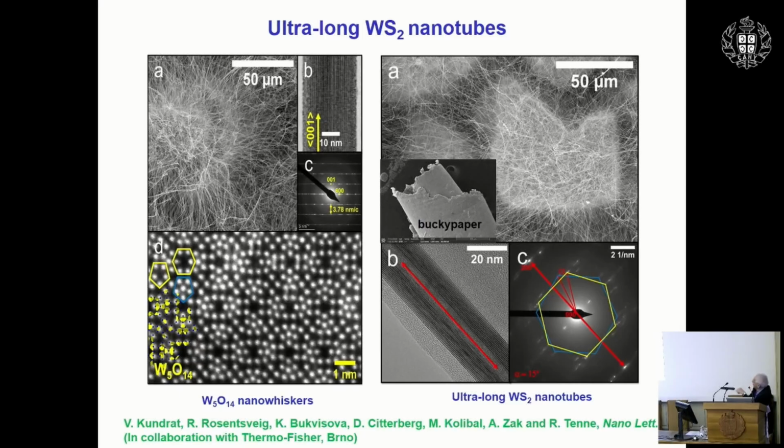So this is the first example that we show of very long and pure phases, almost pure phases of long tungsten disulfide nanotubes. And they are always multiwall because the energy of curvature is about 10 times larger than that of carbon nanotubes.